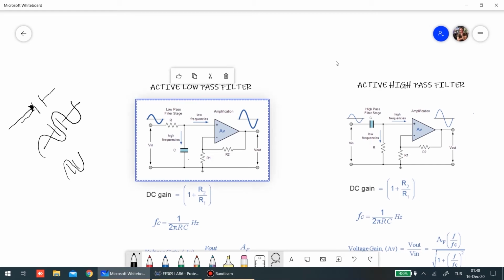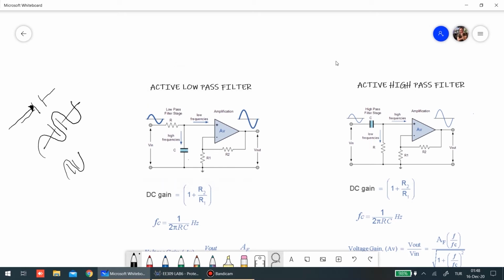For a DC voltage, as we know that the frequency of any DC voltage is 0, this capacitor will act as an open circuit.